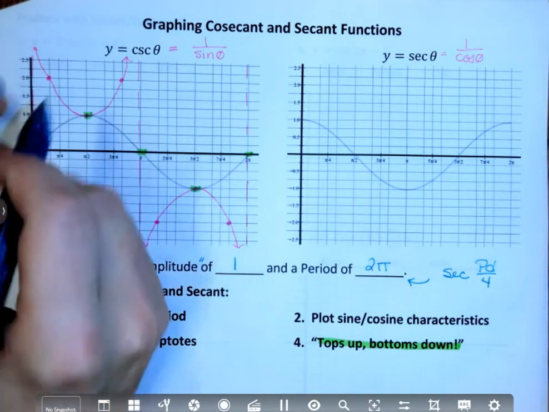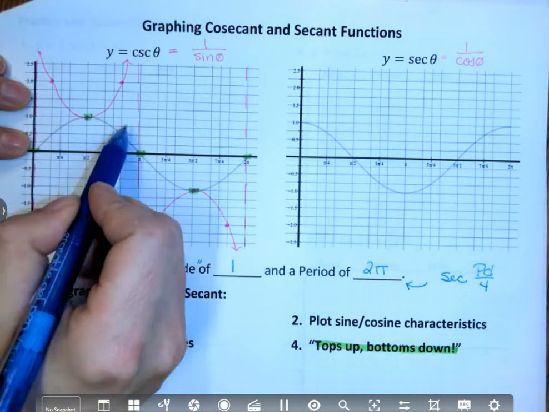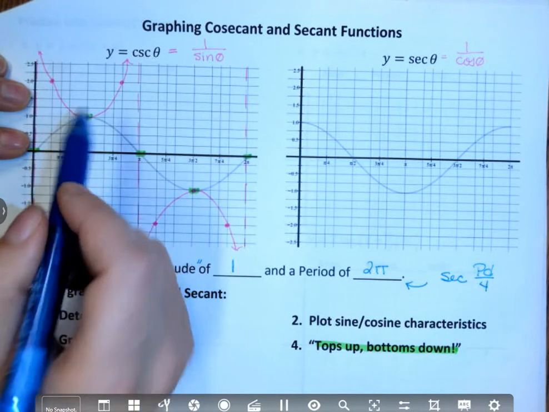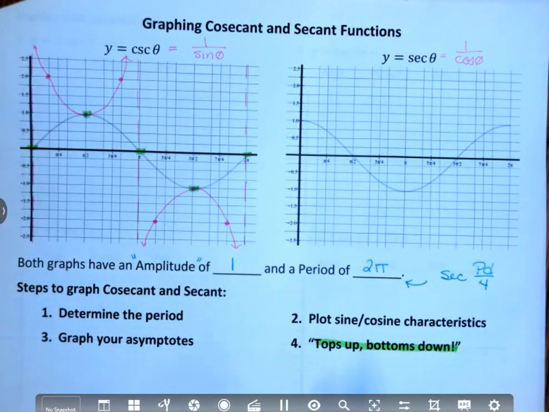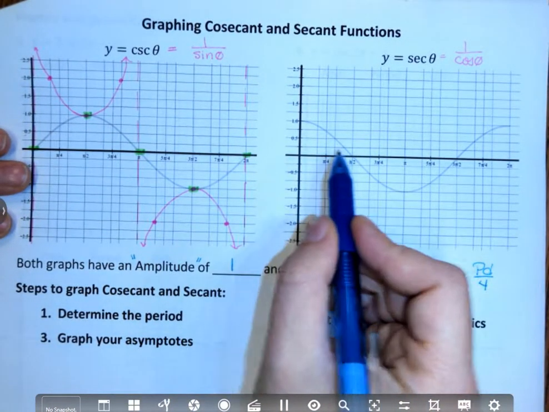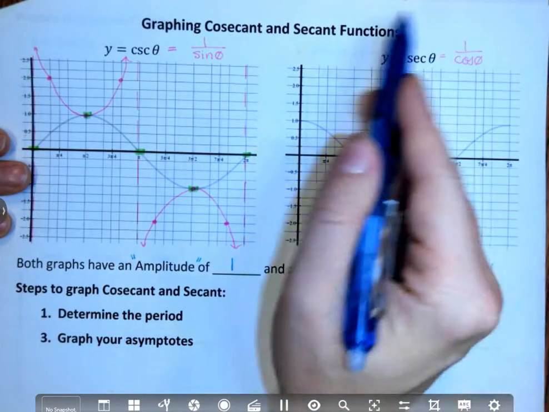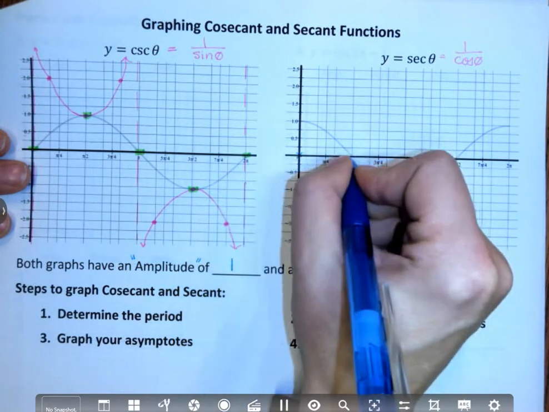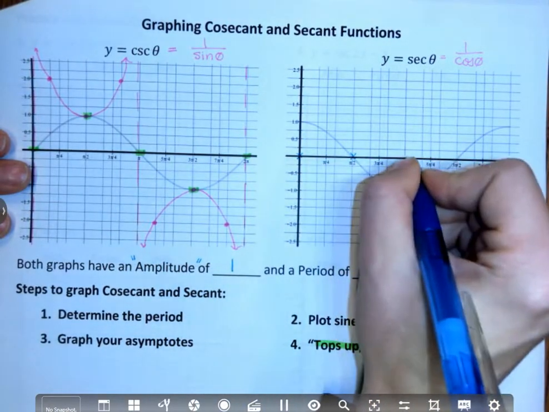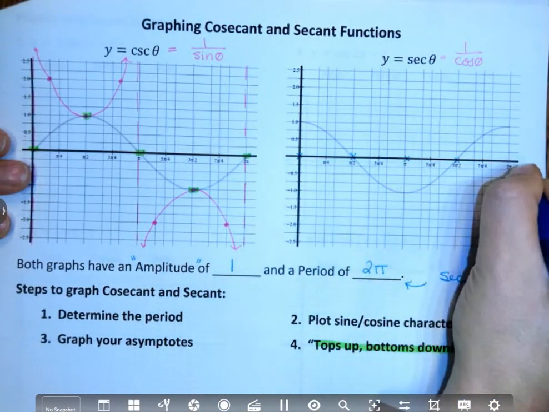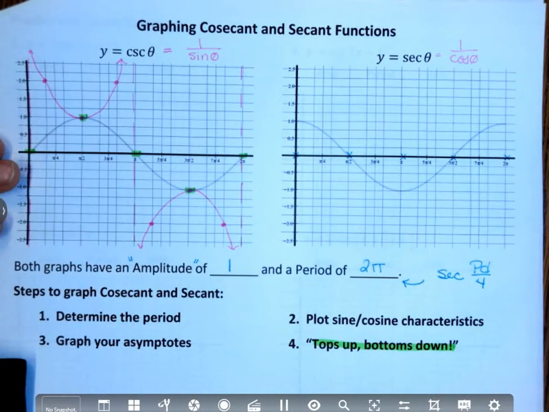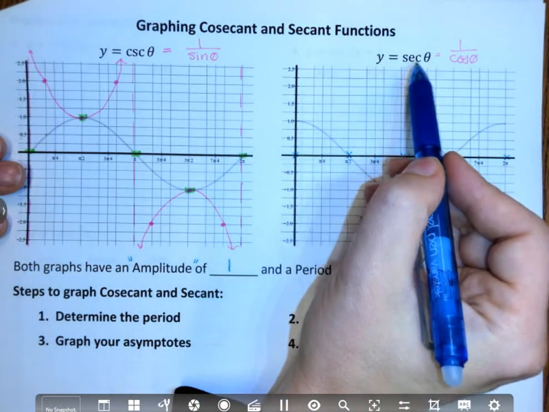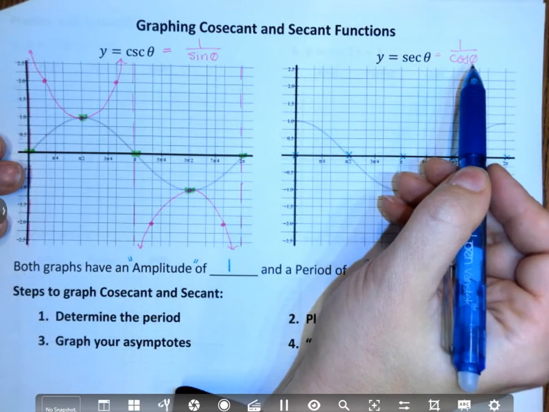Now, I don't expect you to find all of these 1/2 values and do the reciprocals of that. What I expect is that you figure out your period here is 2 pi. I have no shifts, so I'm going to just draw my sections: 0, pi over 2, pi, 3 pi over 2, 2 pi. I figure out what the reciprocal function is going to be, cosine.